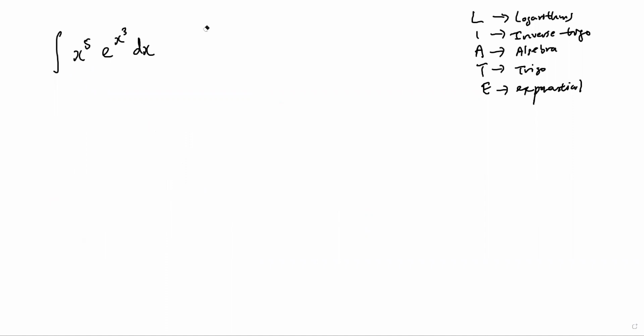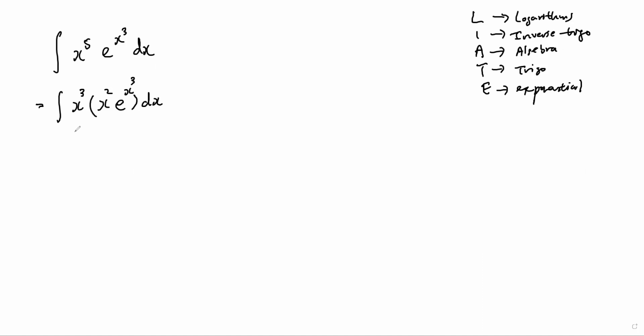So what if we were to rewrite this? Let's see whether it helps. I'm going to rewrite it as x cubed times x squared e to the power of x cubed. Let's see if this works now. I'm going to treat this as one term.